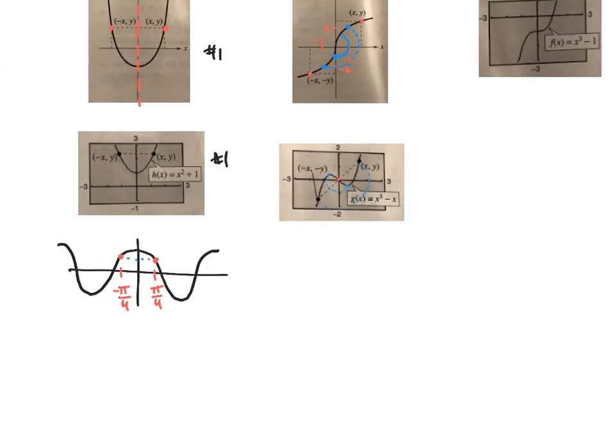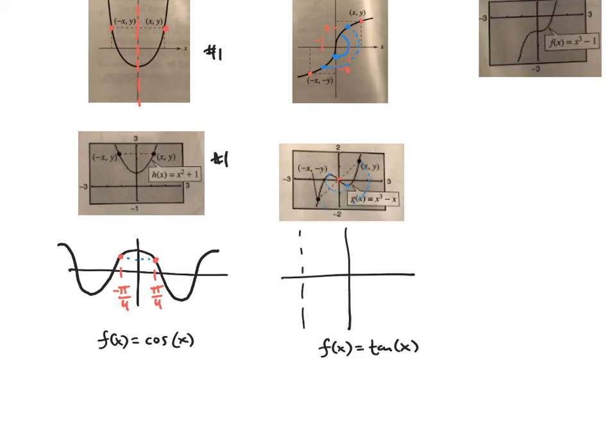This was cosine x. I'm going to show you, let's see, how about tangent x? You may not remember the graph of tangent, but it is an odd function. The graph of tangent x between negative pi over 2 and pi over 2 looks like this.